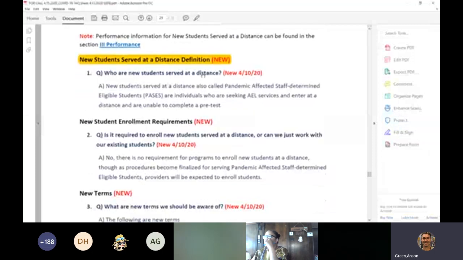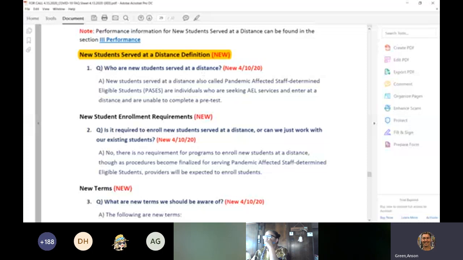So real quickly here, just so we're all sure we understand, who are the new students served at a distance? These are students that come to us and don't walk into a center, and you're unable to test those individuals. That's the cohort of students we refer to as the PASSES cohort.